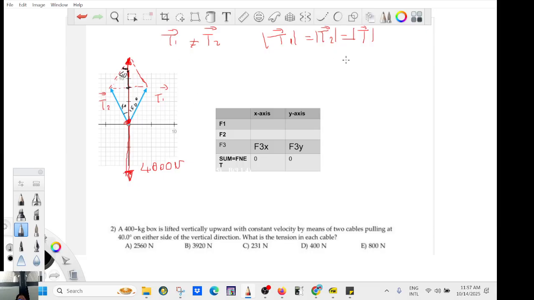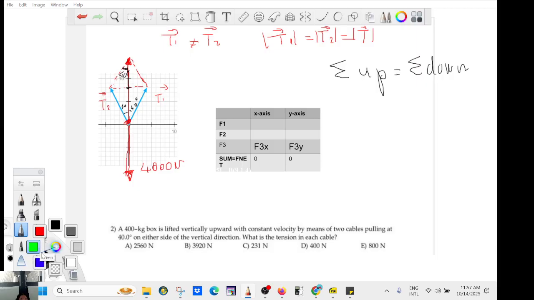So if I do it the boring way, I mean, you have three ways to do it. I'm going to do it this way. Everything up has to be equal to everything down. Do you agree? What is pulling up? It will be the y component of the tension.